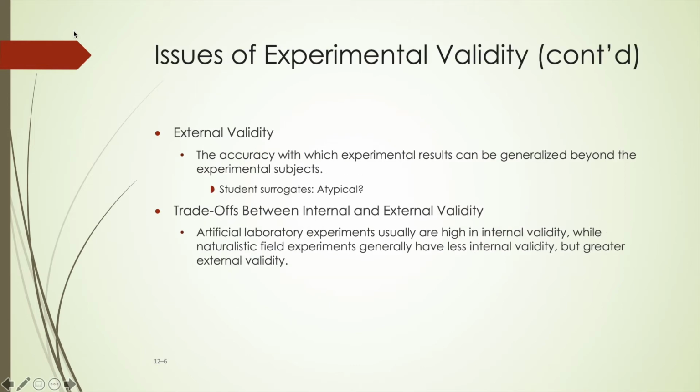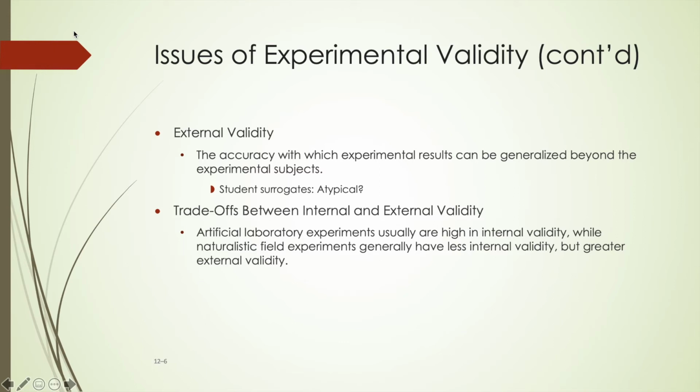External validity deals with the ability of the test to accurately represent real life outside the experimental realm. If I tested, for instance, students' aptitude to be able to go to college, and those tests accurately predicted performance in universities and in trade schools or whatever, then that would be a test that has external validity.